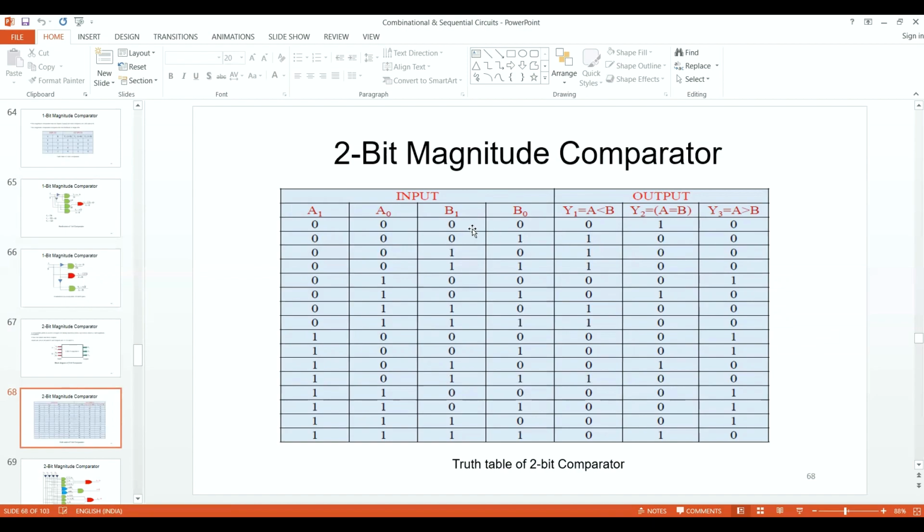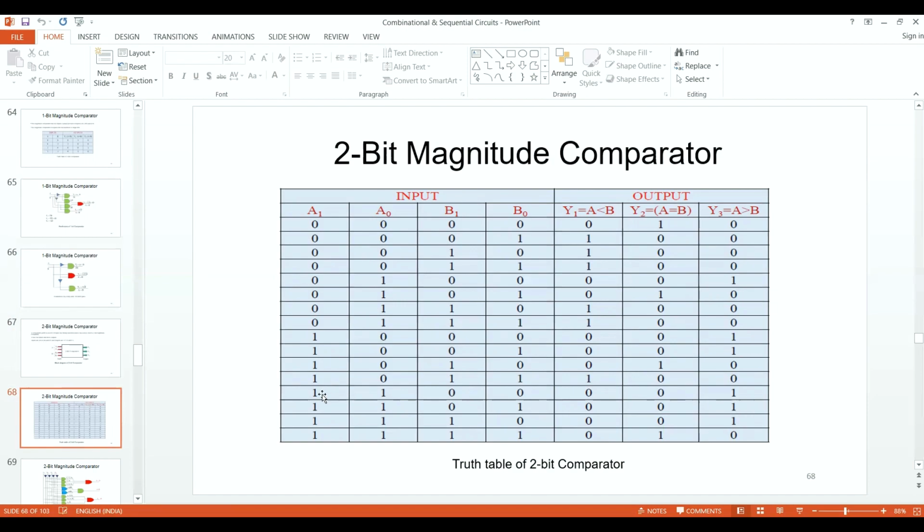In the upper case, all values are 0 and the same, so it is A equal to B. Let's take a case of 1, 1 and 1, 0. 1 plus 1 is 0, but with carry 1, and 1 plus 0 is 1. So A would be higher, so it is A greater than B.